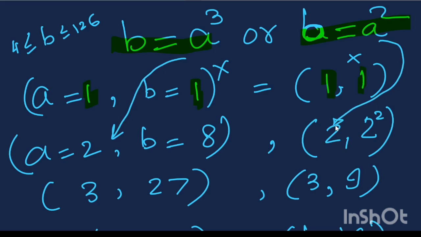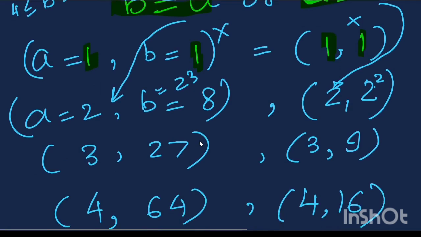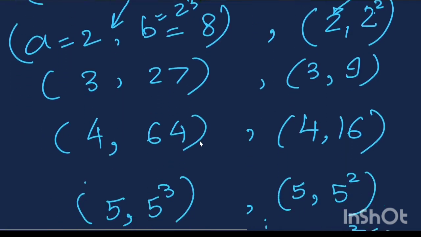So we'll substitute 2, you will get 2 square, and b is equal to 2 cube, which is 8. Similarly, you substitute 3, you will get 27 and so on. Now till what value will we substitute?